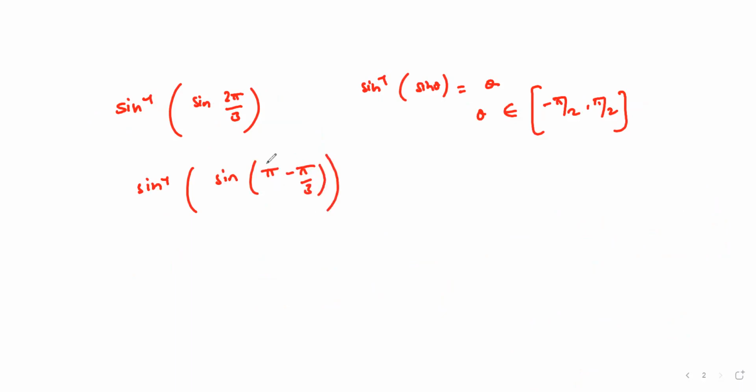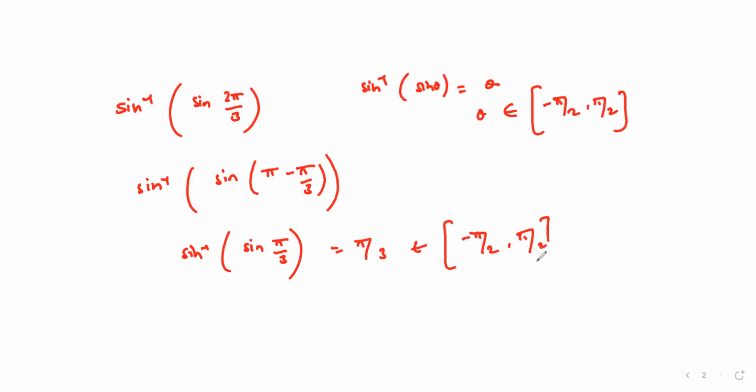So this will become sin inverse of sin pi by 3 only, right? So this value is pi by 3 and it belongs to the closed interval minus pi by 2 to pi by 2. Pi by 3 will be my answer. Right?